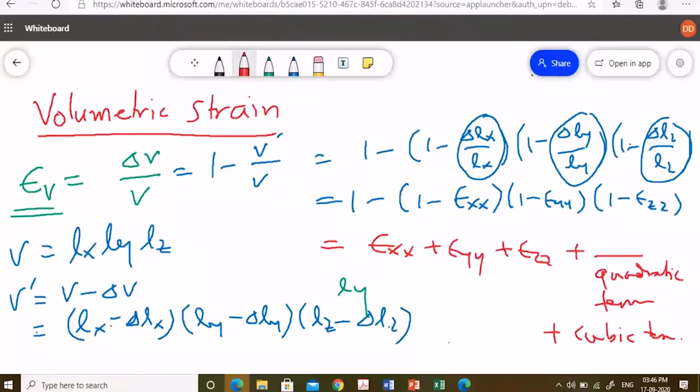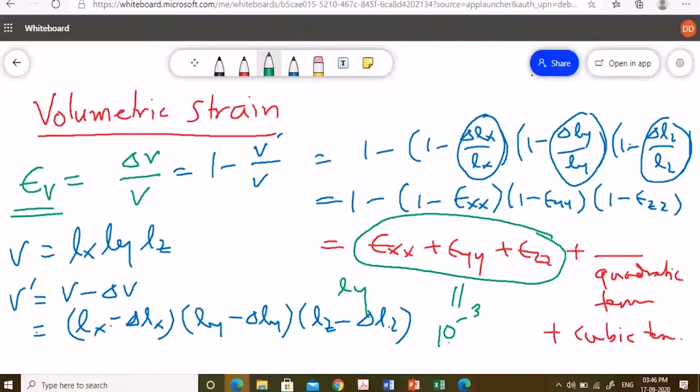I told you before that the strain is on the order of 10 to the power minus 3 or minus 4. The quadratic term will then be on the order of 10 to the power minus 6 or minus 8, and the cubic term 10 to the power minus 9 or minus 12. Definitely these terms are very, very small compared to the first, so we can put them as 0.